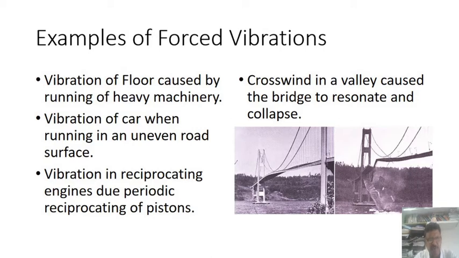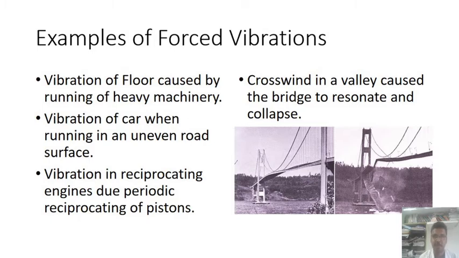For this kind of forced vibration, we can observe examples. Vibrations of floors caused by running heavy machinery, which we have observed in bridges. Second, vibrations of a car when running on an uneven road surface.